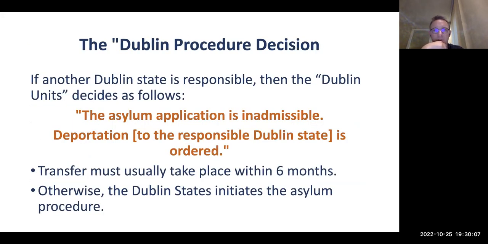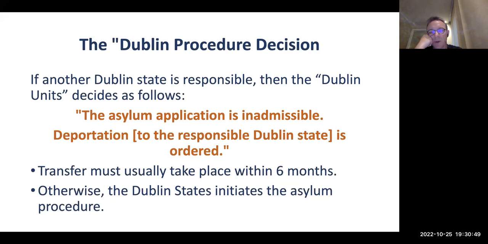So if another country is responsible, what you read in the decision as an asylum seeker, with the explanation, of course, is that the asylum application is inadmissible in the country where you applied, because another country is responsible for your asylum application. So they have the right to decline the admissibility of the application. And then the deportation to Italy, for example, is ordered.